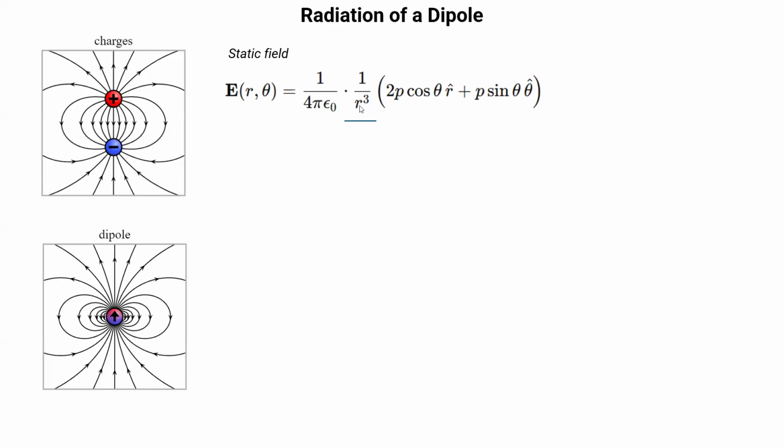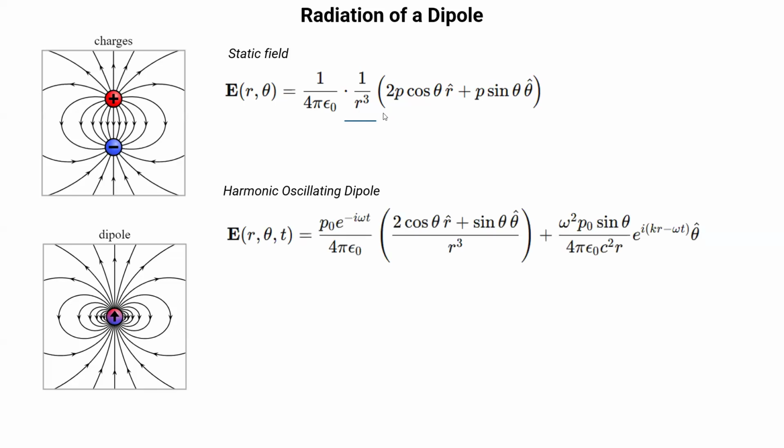Now if I do the same procedure and derive the electric field after this acceleration or oscillation of the dipole, I can, for example, assume that the distance between positive and negative charge changes as a harmonic function. Using the same procedure, I come to this formula for the electric field around the dipole.